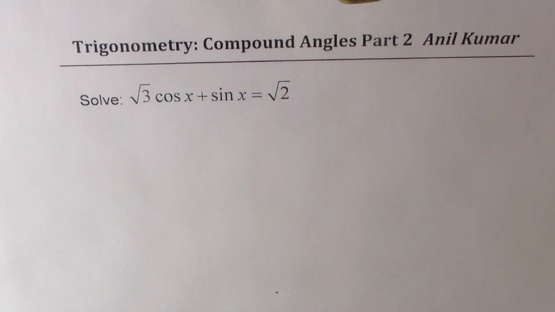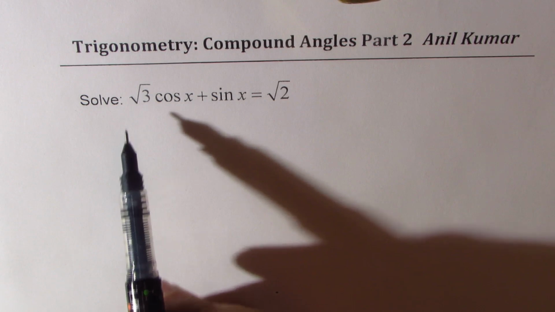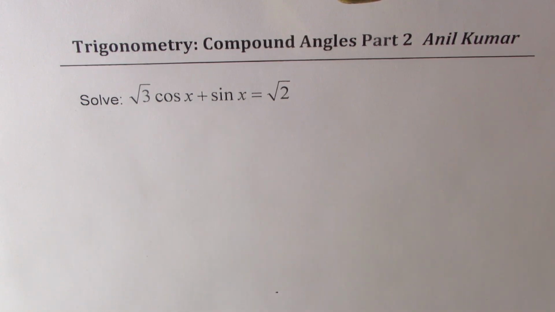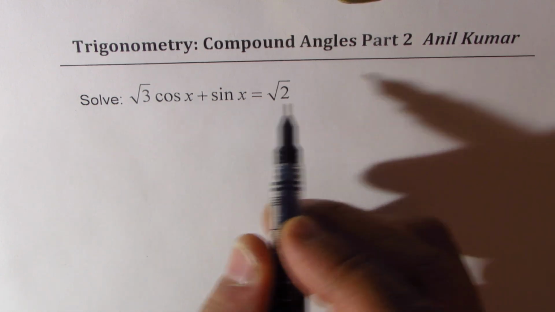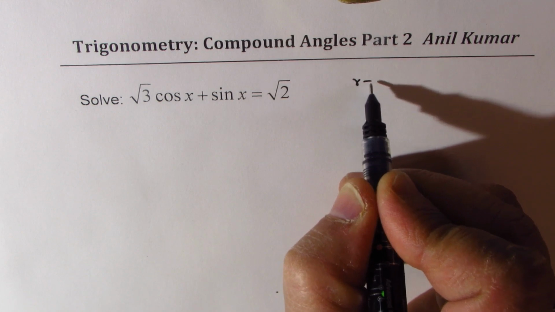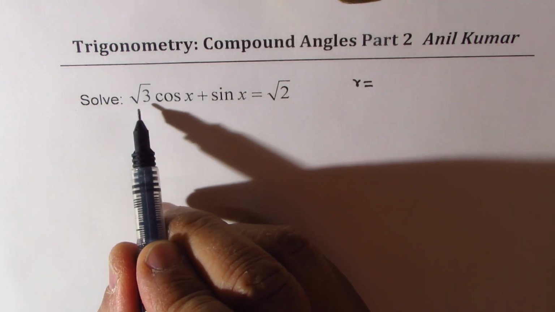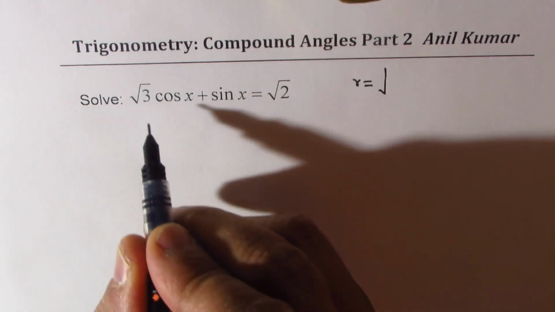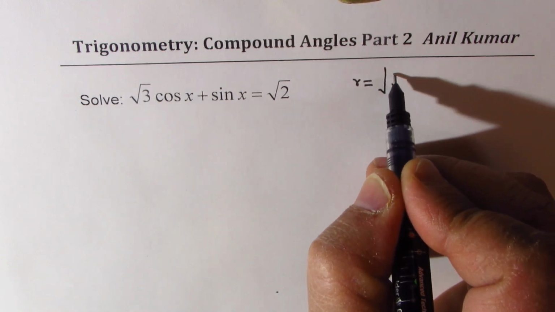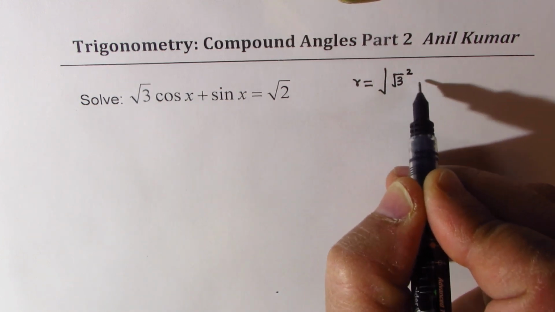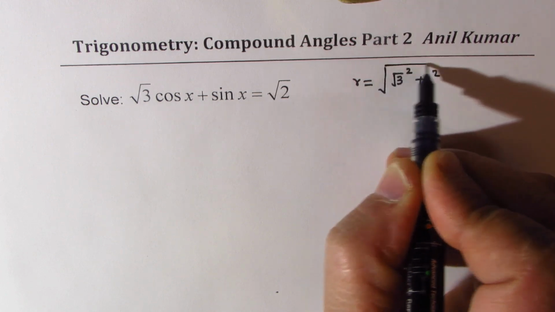Now here is the second question. We need to solve square root 3 cos x plus sin x equals square root 2. The trick involved in solving this is that we are looking for some value of r, which is the square root of this square plus that square, the coefficients of cos and sin. So the square root of root 3 squared plus 1 squared.